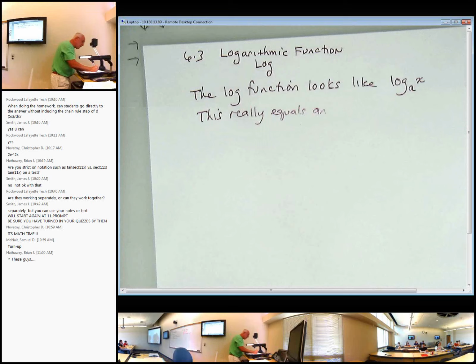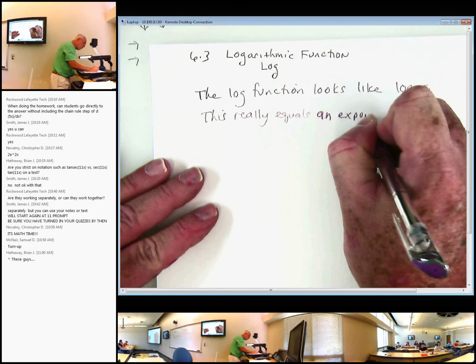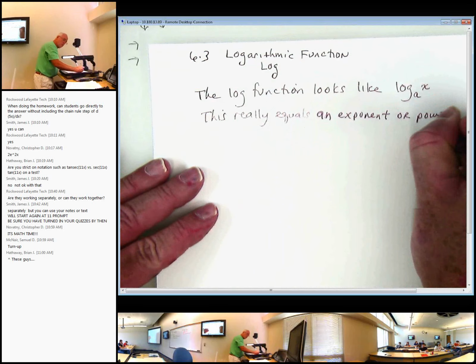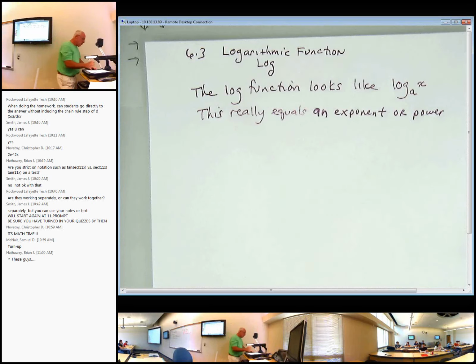Okay, this really equals an exponent, or we could call it a power. All right, so let's look further into this.